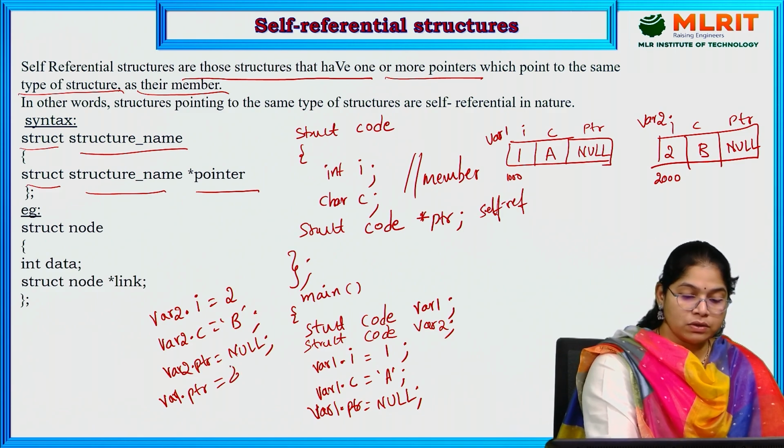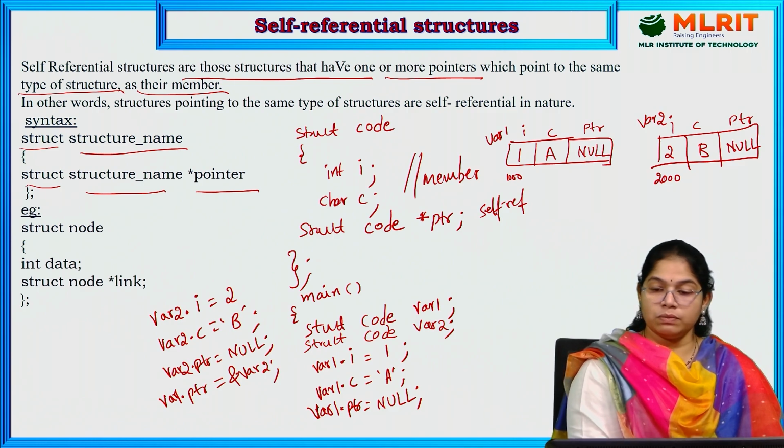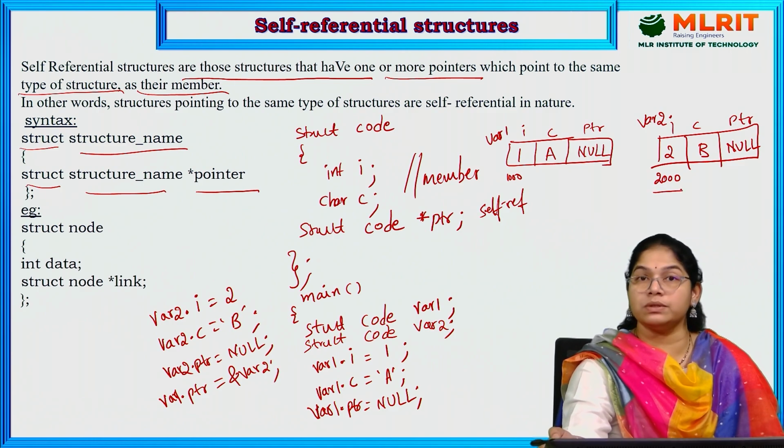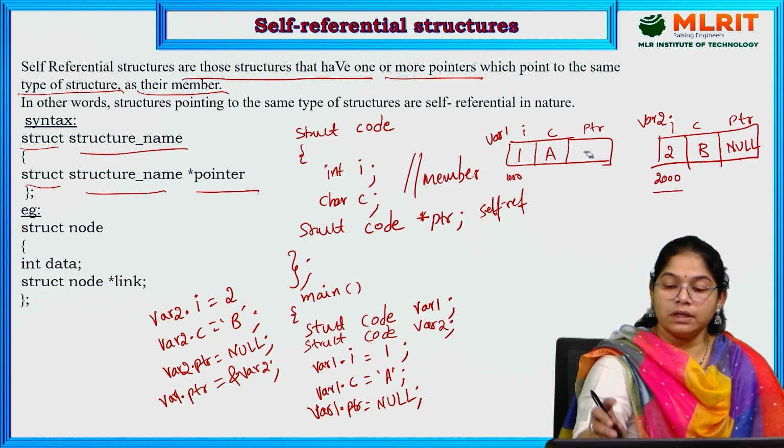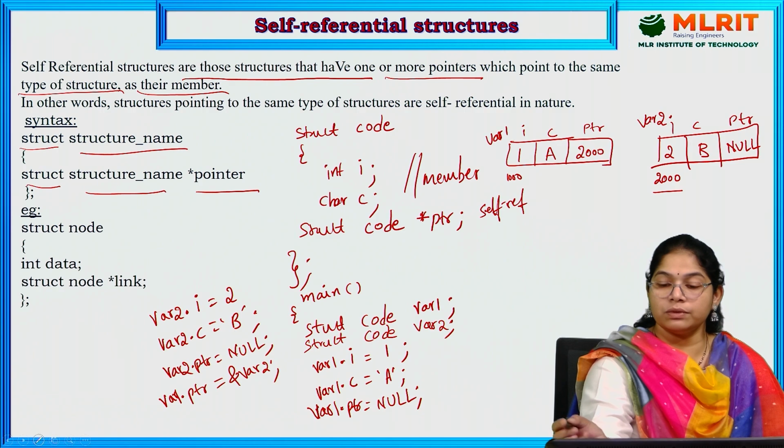What is the address of var2 here? 2000. So instead of NULL, I'm storing the address of var2. That means it is pointing to here.